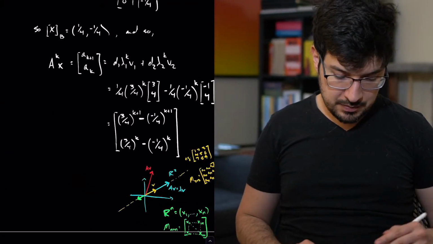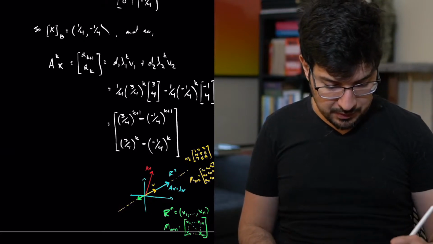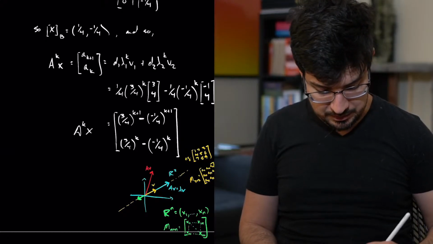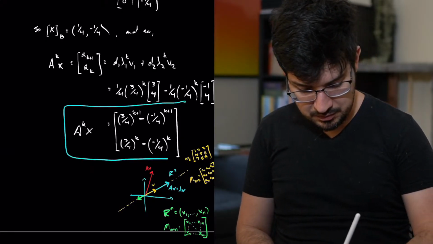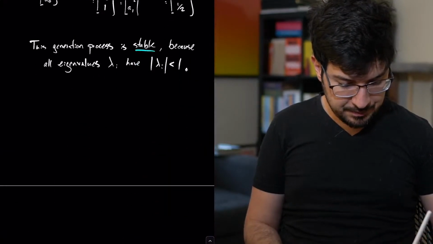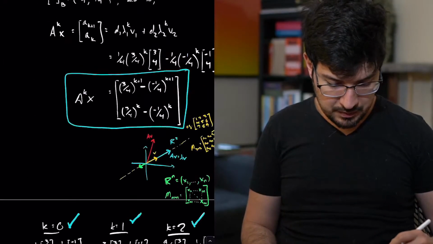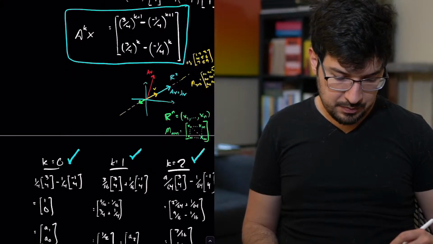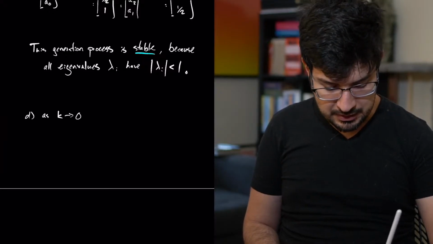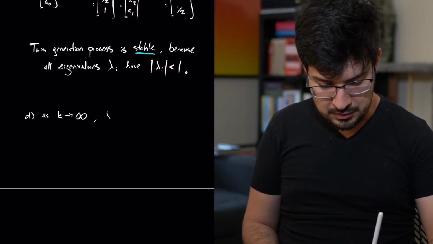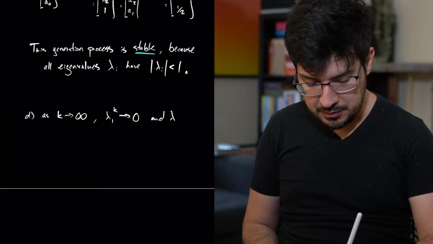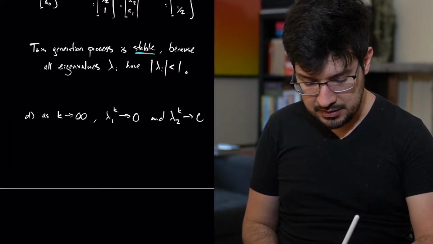Okay, so this is our exact formula for A to the k times x. And then in part D, as k tends to infinity, lambda 1 to the k tends to 0, and lambda 2 to the k tends to 0.